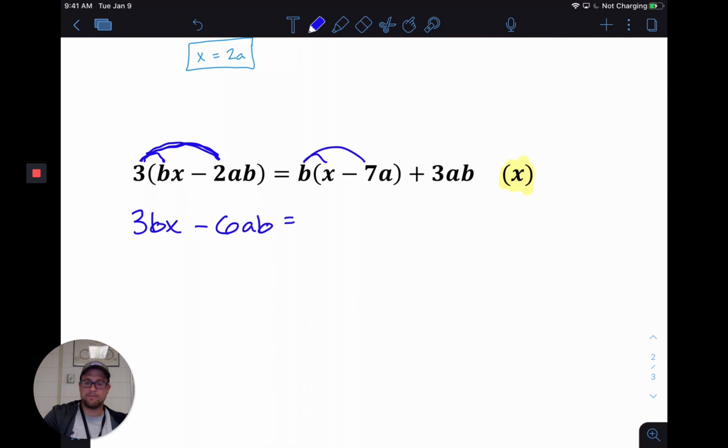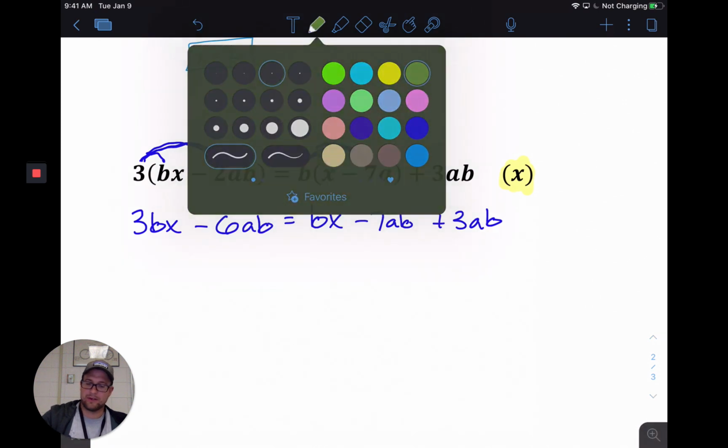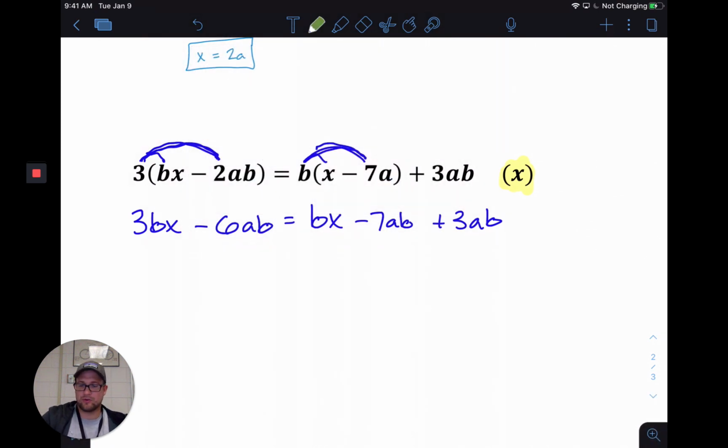Moving across, b times x is just bx, and b times a negative 7a would give us a minus 7ab. And then at the very end, we know that we are still adding 3ab. Now, the nice thing about this is at this point, we can start to see some like terms emerge.